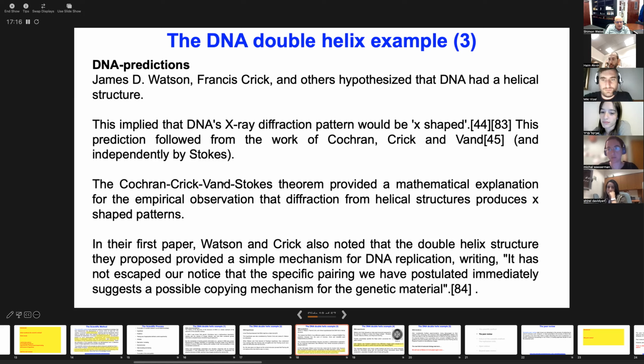At that point, this was still a big puzzle. How is the genetic information being propagated when cells divide? And just based on the hypothesized structure, they were able to suggest a mechanism for how DNA is being replicated.